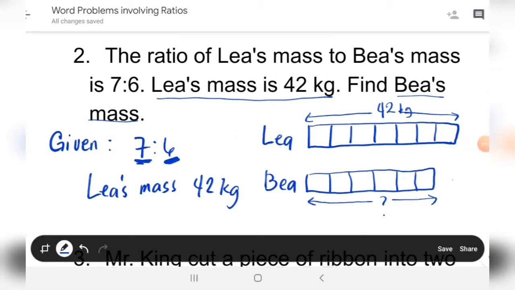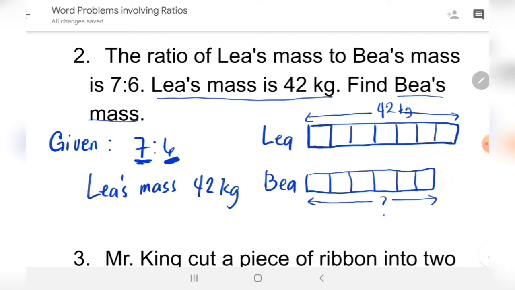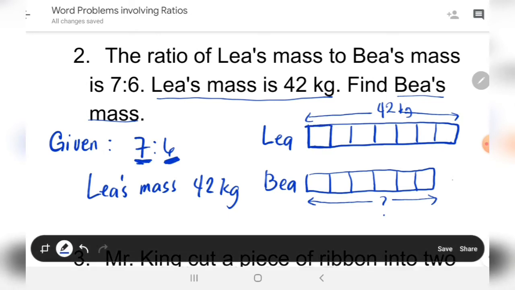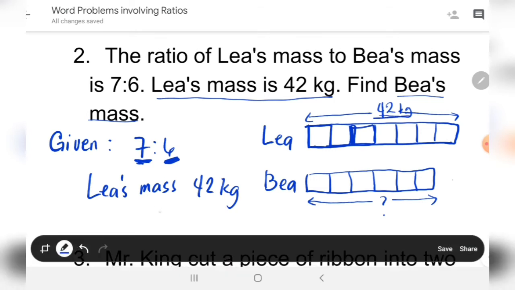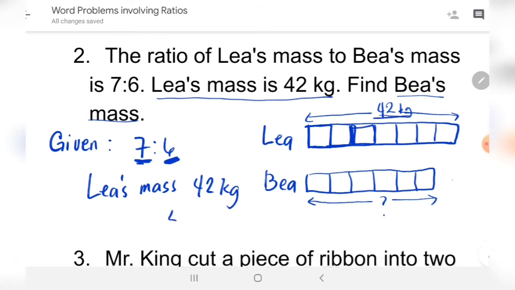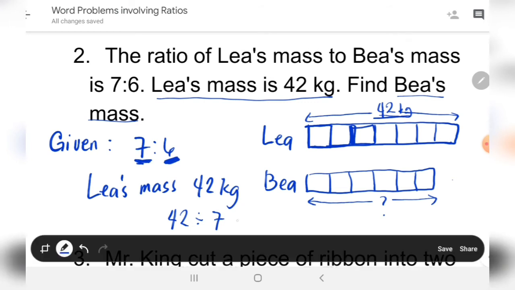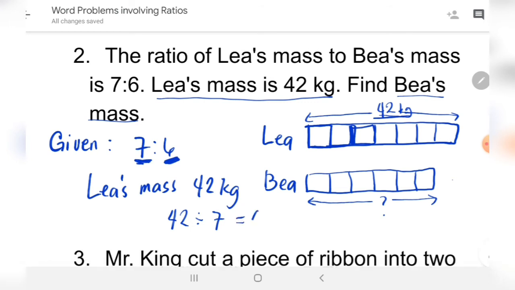In finding out Bea's mass, we should know how many kilograms are in 1 unit. We know that in Leia's mass, there are 7 units and it takes up 42 kilograms. So we can divide 42 by the number of units, and that is 7. 42 divided by 7 equals 6.